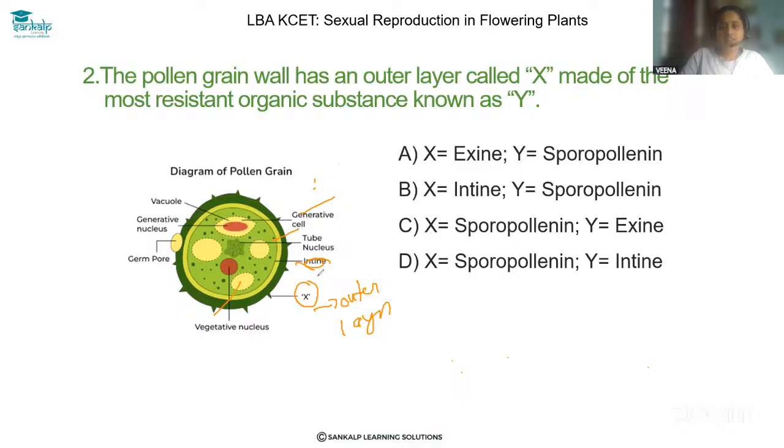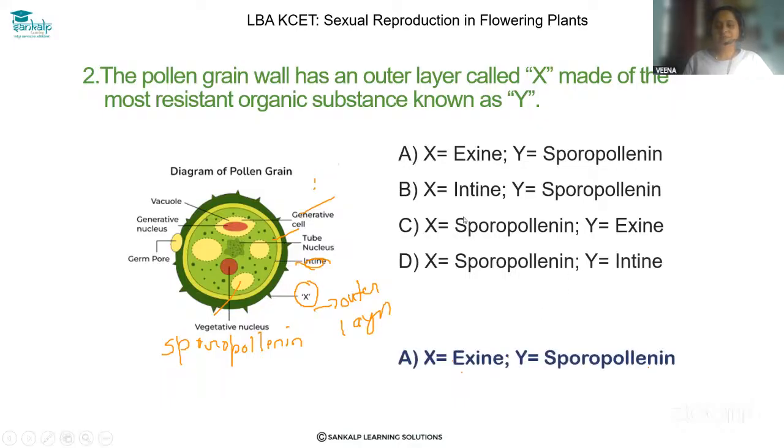That substance is known as sporopollenin. So the answer is option A, X is exine, Y is sporopollenin.